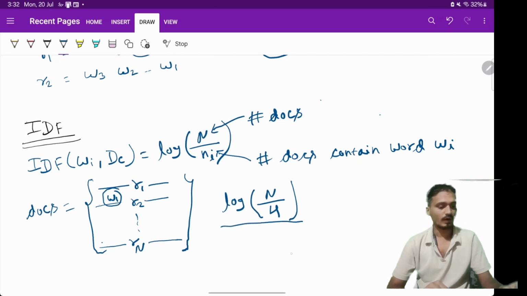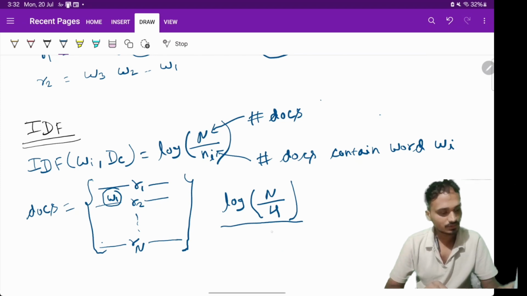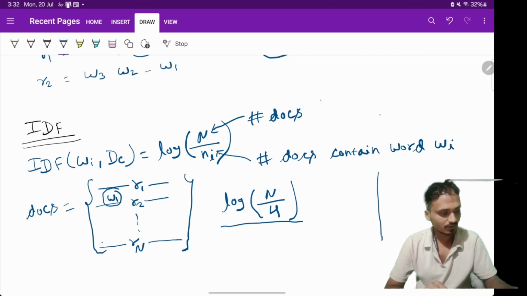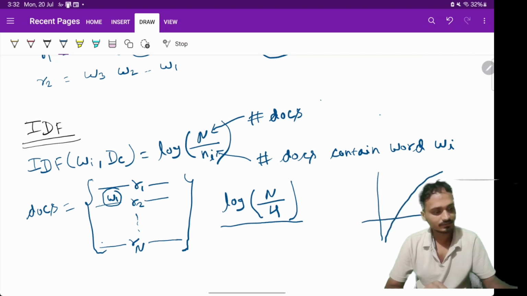So what is it actually measuring? If we look carefully, let's first see the log function. If we see the log function, you will notice that it's an increasing function. Log itself is an increasing function. So this is the graph of the log. What does it mean?